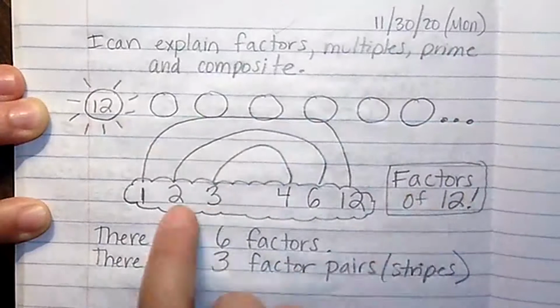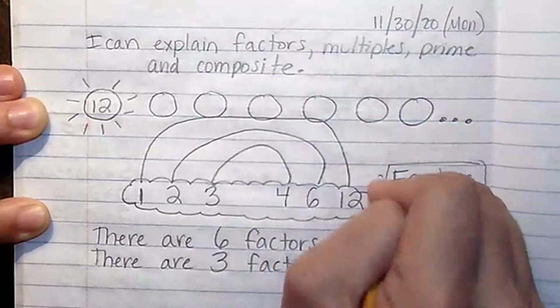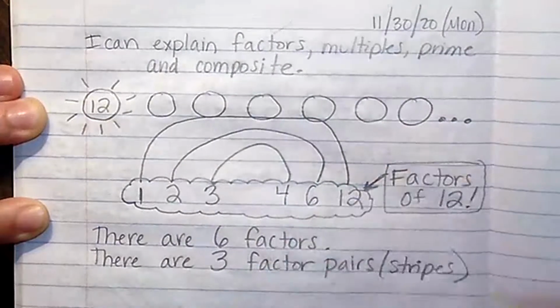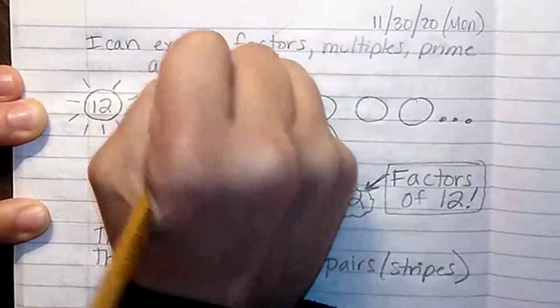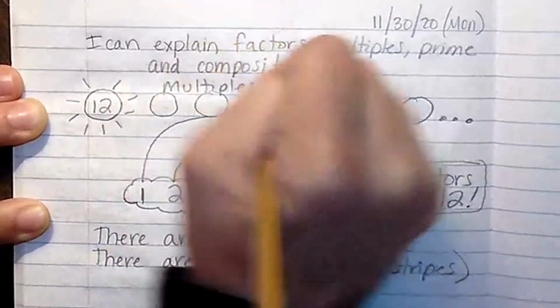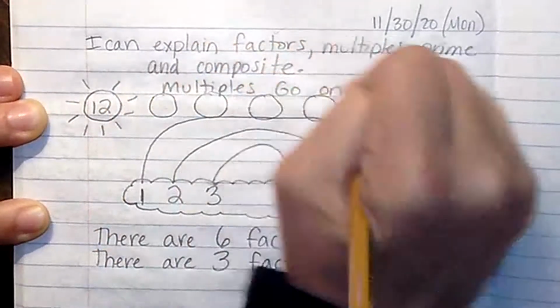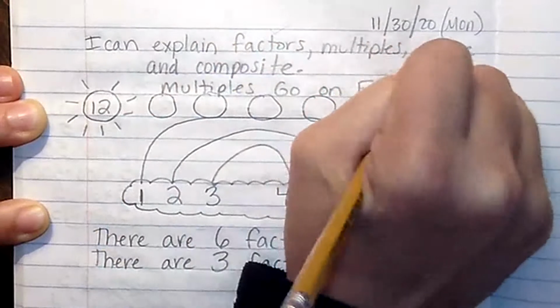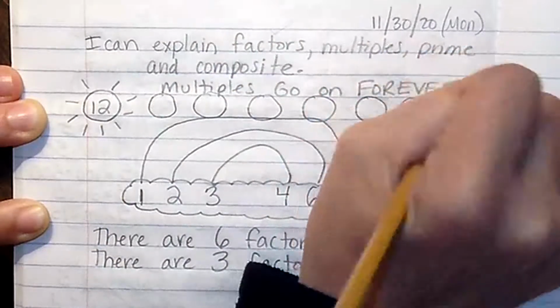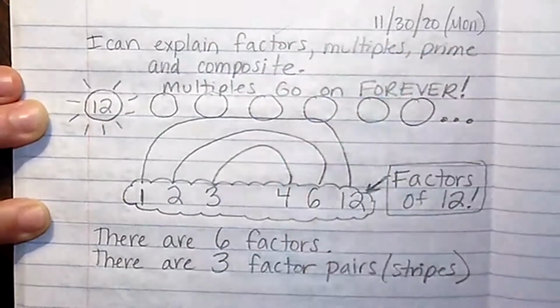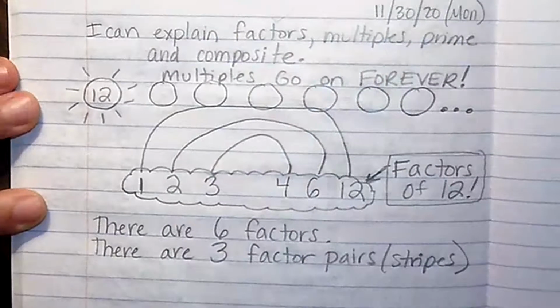Factors, there's a set number that are in this cloud down here. But multiples go on forever. You could list multiples all the way until dinner time if you wanted to.